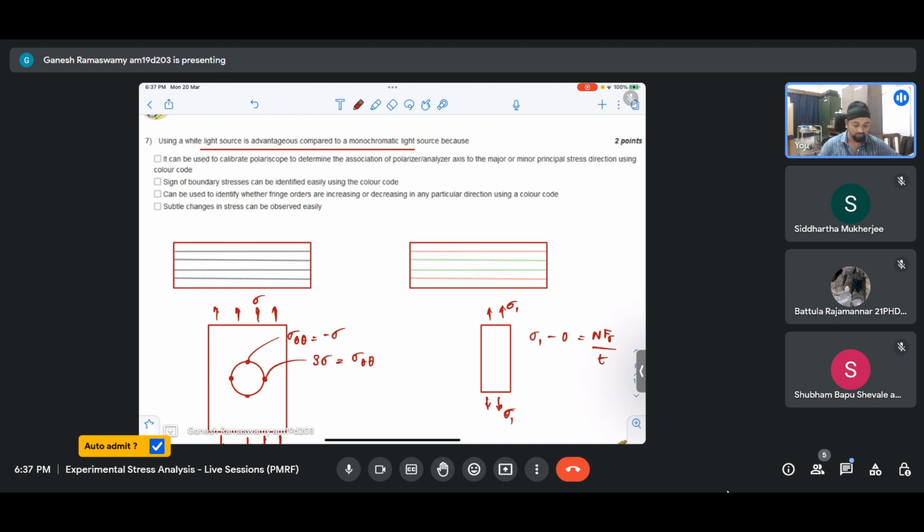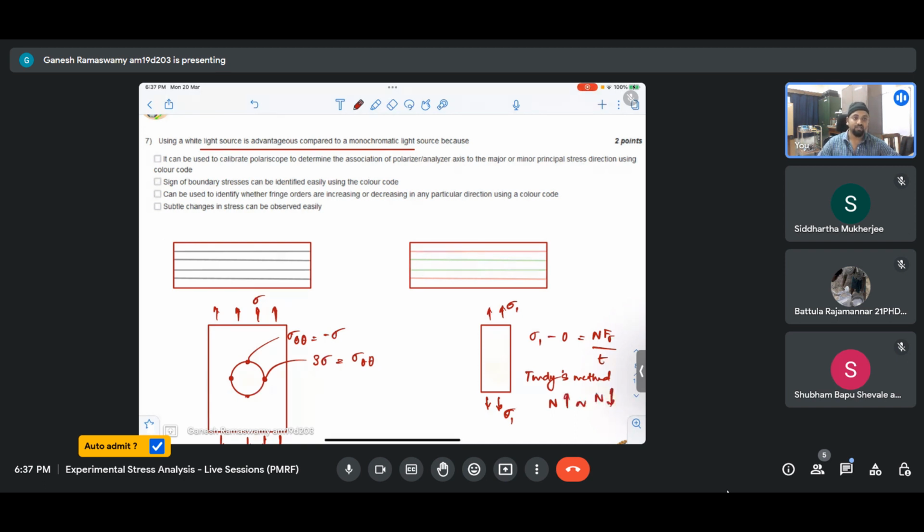This doesn't have a hole; it is just a specimen we take. So now when we do Tardy's method of compensation, we know what sigma 1 is, and we can figure out whether N increases or N decreases.